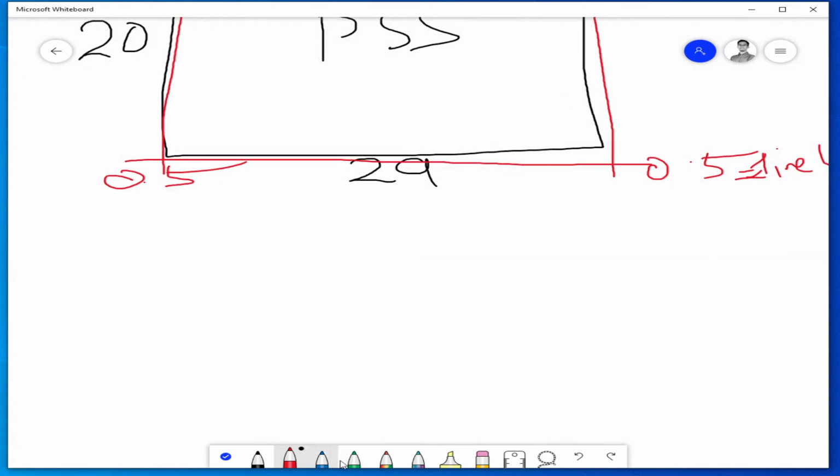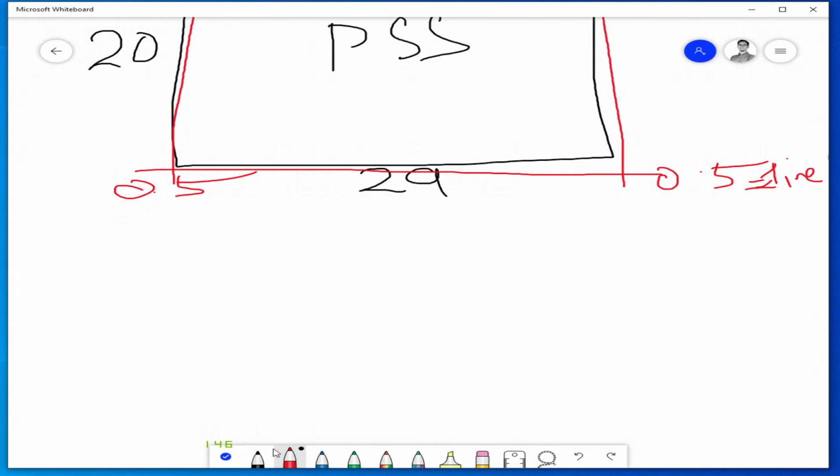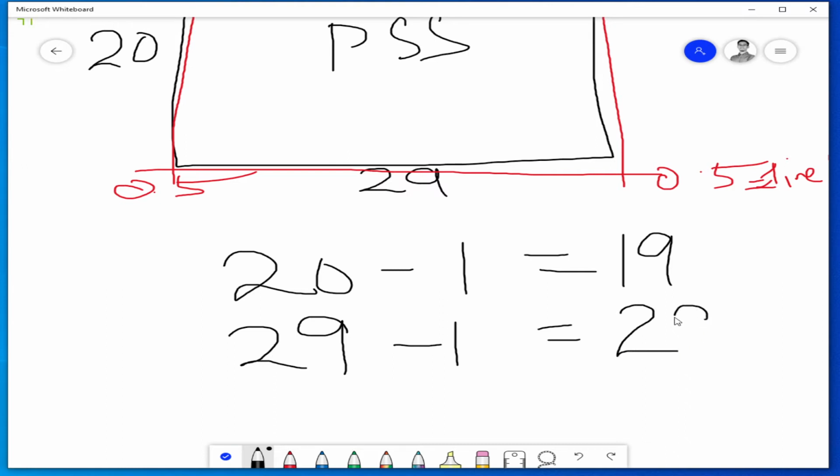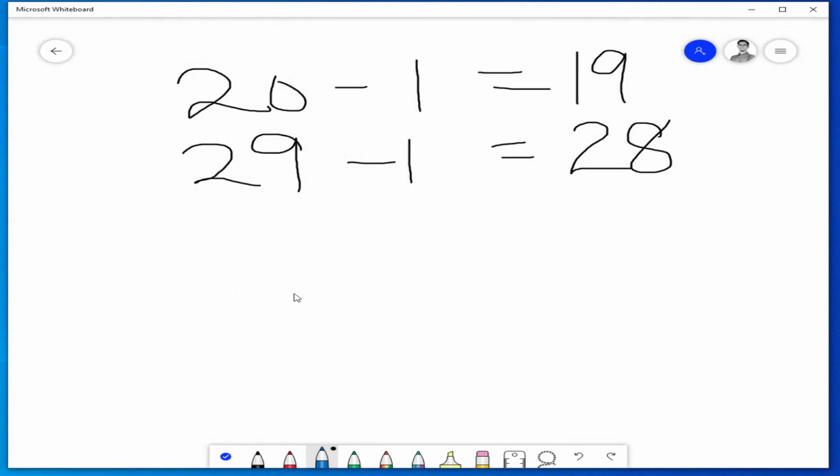Very simple, straightforward, ialah ambil ni 20 tolak dengan 1 inci, 1 inci allowance for the marks tadi. Kan? So kita dapat 19. 29 minus 1, so we get 28. Jadi the final one will be 28 times 19.